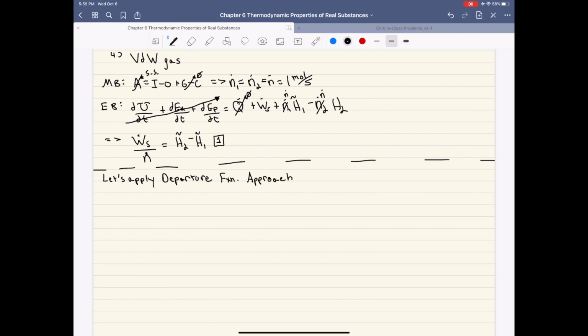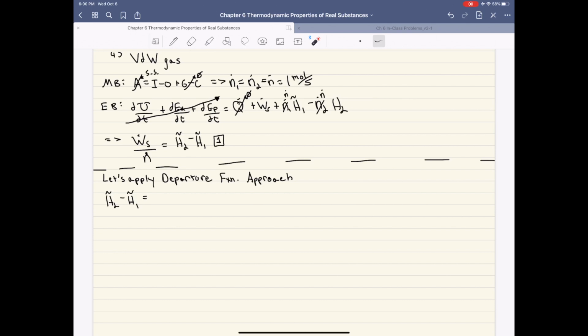Okay? All right, so we have H2 minus H1. According to the departure function approach, it splits up, and these are the differences in enthalpies of the real, actual methane gas, right? So we haven't made any assumptions yet here.